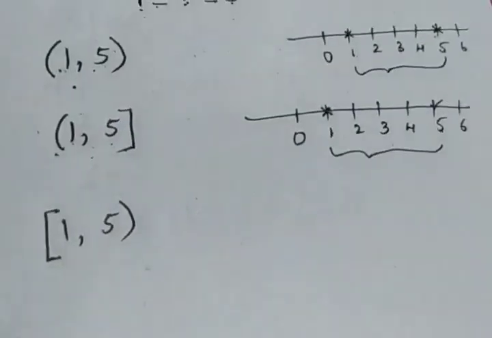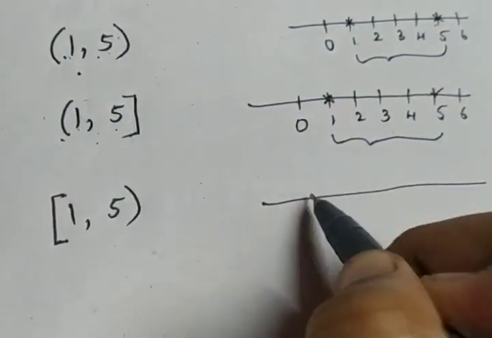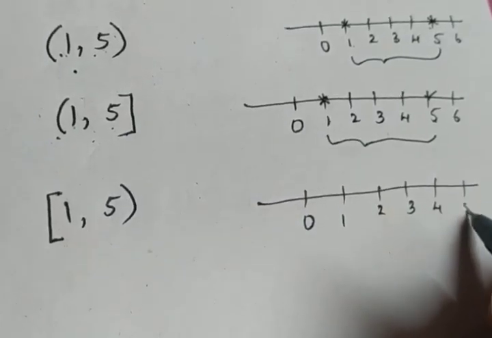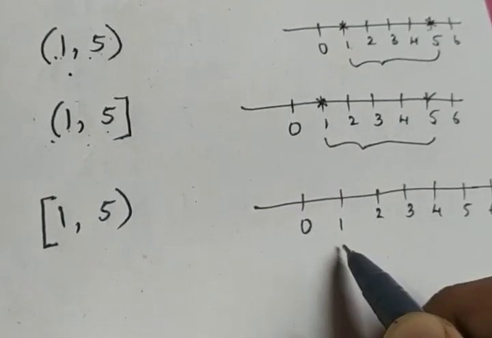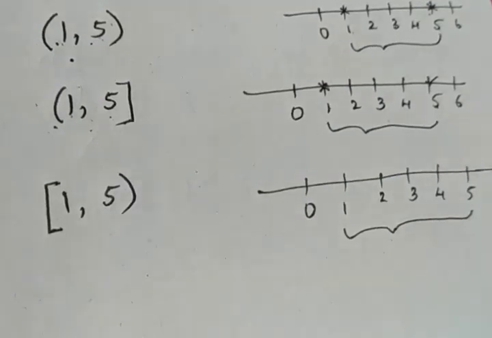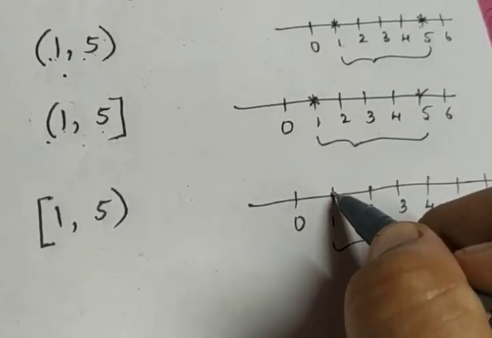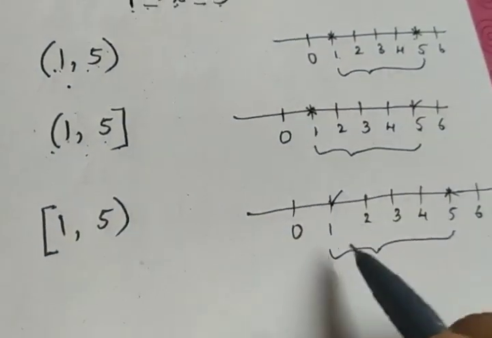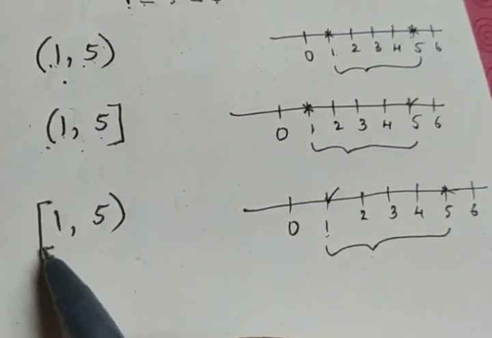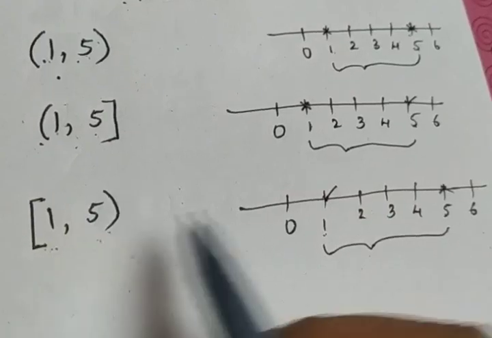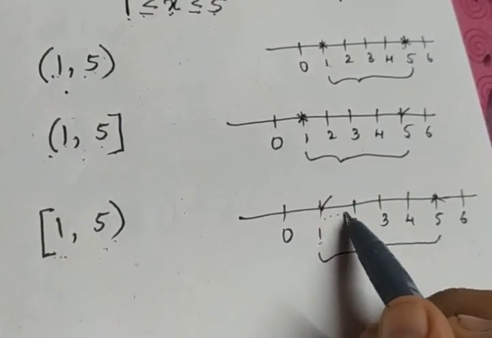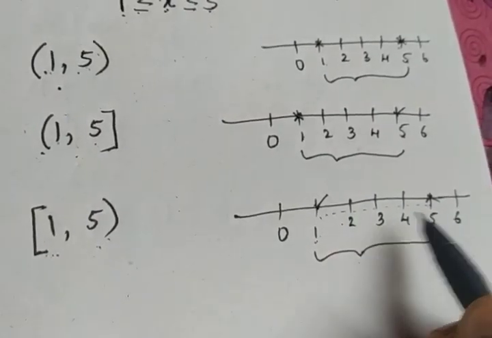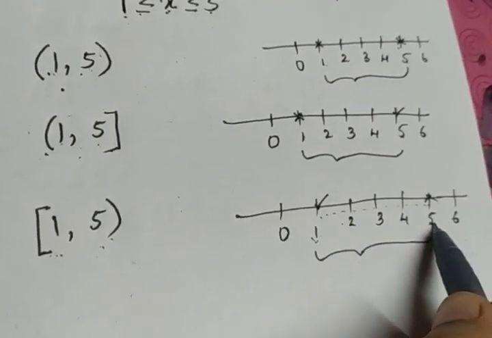Can you guess what closed-open [1, 5) will be? Again, we take the real numbers on the number line, all the real numbers between 1 and 5. 1 is included, 5 is not included. So [1, 5) means all the infinitely many real numbers between 1 and 5, including 1 and excluding 5.